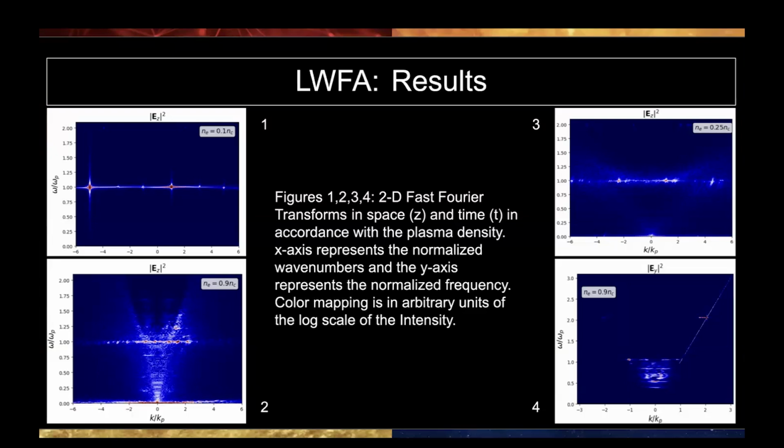If we look at 0.25 times near critical, we can see an abundance, and when we compare the two, there are more plasmons represented in the graph than at 0.1. And if we move towards 0.9 times the critical density, the numbers just keep duplicating.